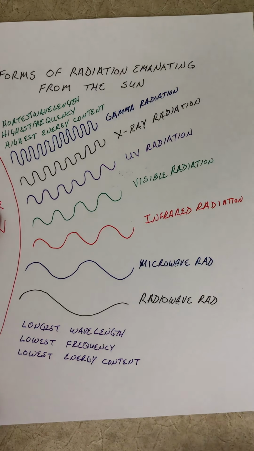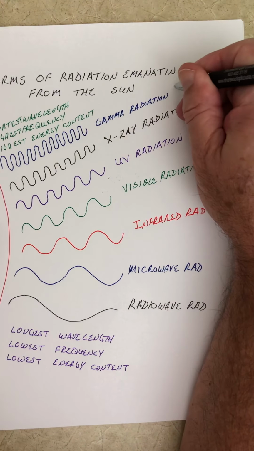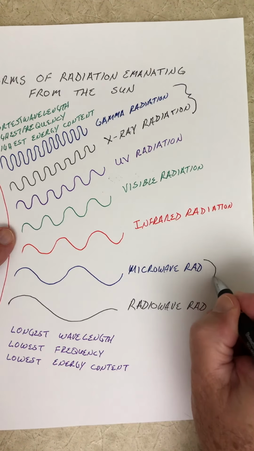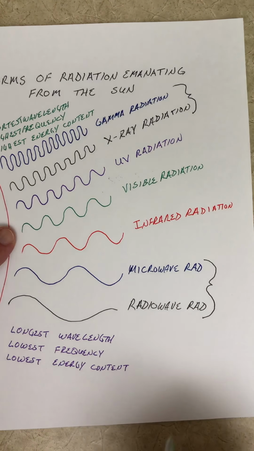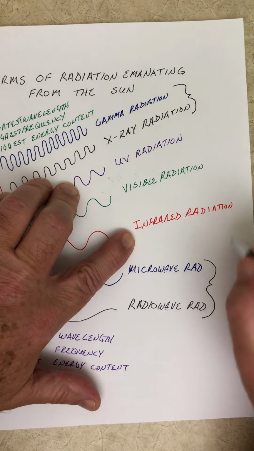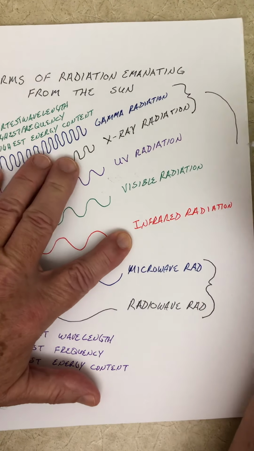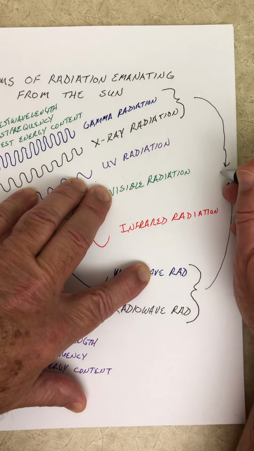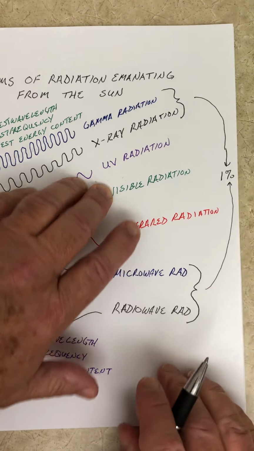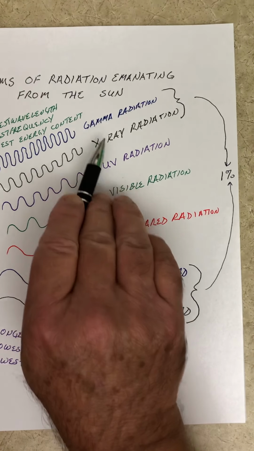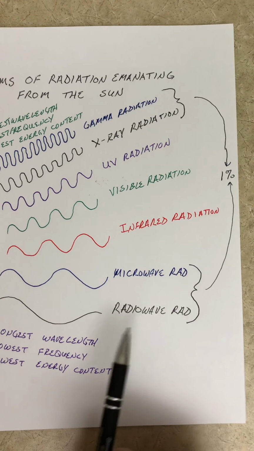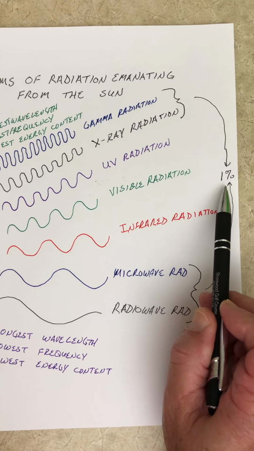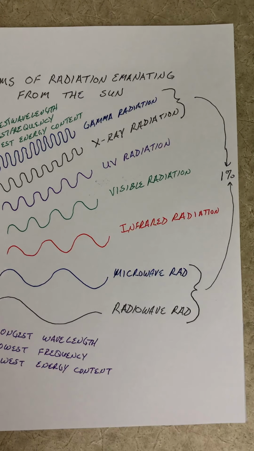And so what I mean by that is if we combine gamma radiation, X-ray radiation, microwaves, and radio waves, all of these combined account for 1% of the energy being given off by the sun. All of those forms of radiation combined make up only 1% of solar energy.